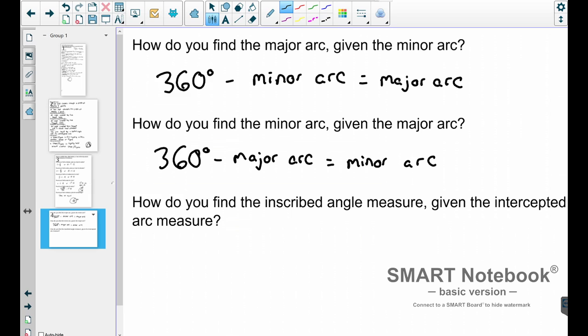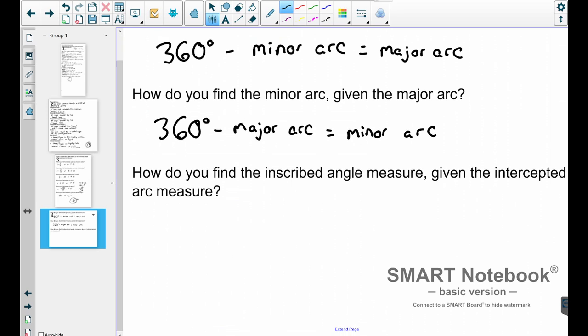And lastly, how do you find the inscribed angle measure given the intercepted arc measure? Let's look and see what this means. We have an inscribed angle, and we're given this arc measure out here. We'll say it's 120 degrees. Then we would know that the inscribed angle is 60 degrees. So what does that mean?